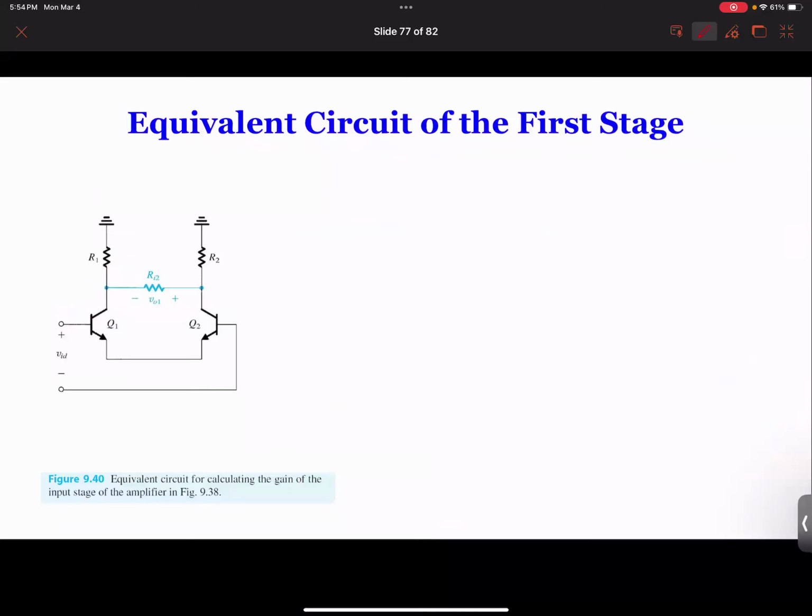Okay, so now let's get into the business of doing the gain. So for the first stage, you are also asked for the common mode range. Okay, let's skip that one because that one is not so important. I want to get to the gain.